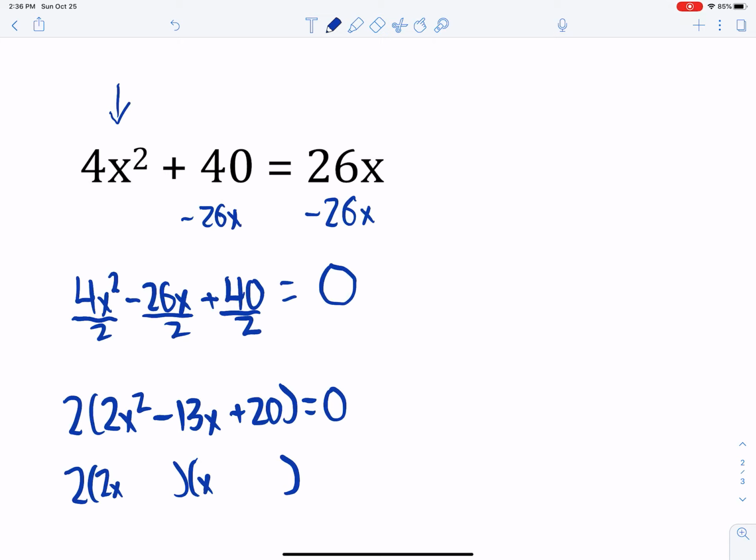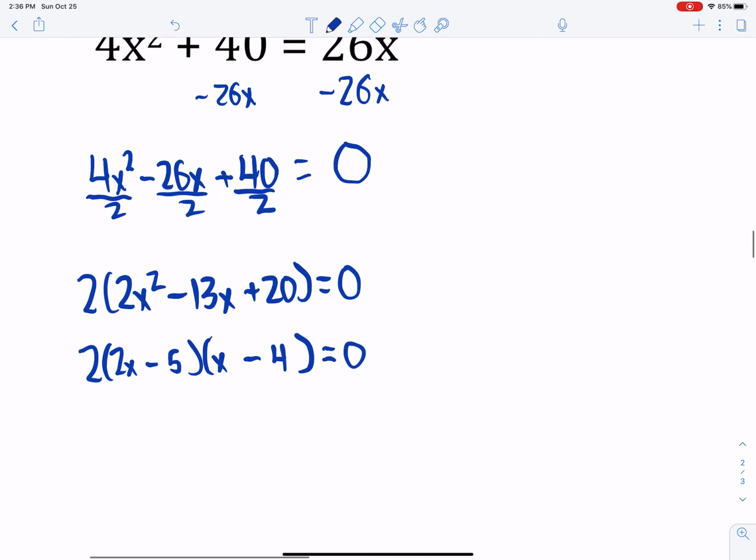And then let's see, if you keep going for a while, you would end up noticing that you would need a minus 5 and a minus 4 to get the factoring to work. Again, you can do guessing and checking like I just did, or you can do that step-by-step process if you don't happen to see right away what the answer would be.